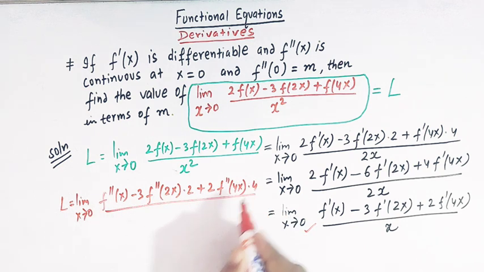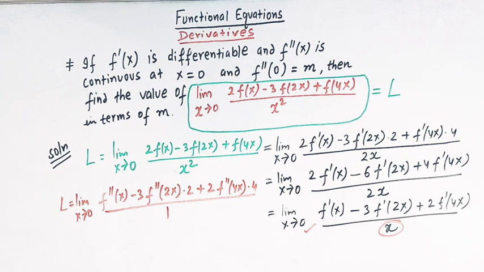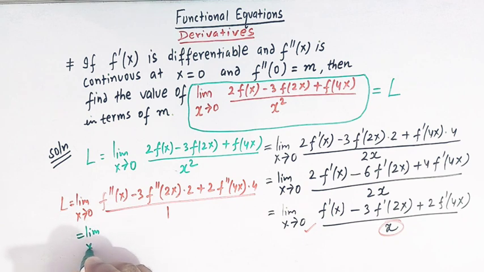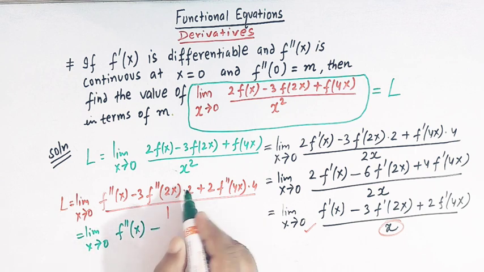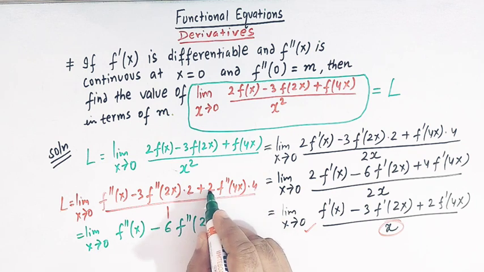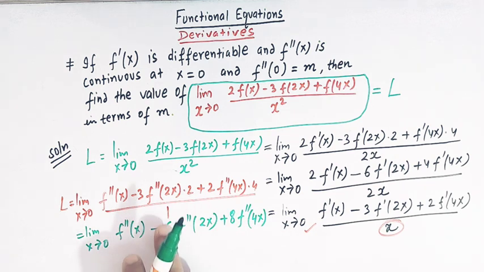In the denominator, the derivative of x is 1. So we have the limit as x tends to 0 of f double prime of x minus 6 f double prime of 2x plus 8 f double prime of 4x, and we have now got rid of the denominator.